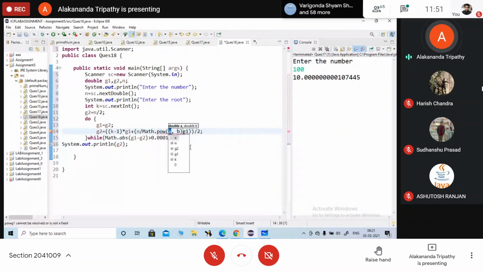Here you need to compute G1 comma k minus 1, all divided by k. Instead of 2 it will be k. Put a bracket around this.